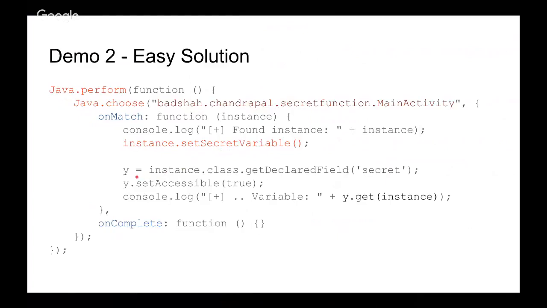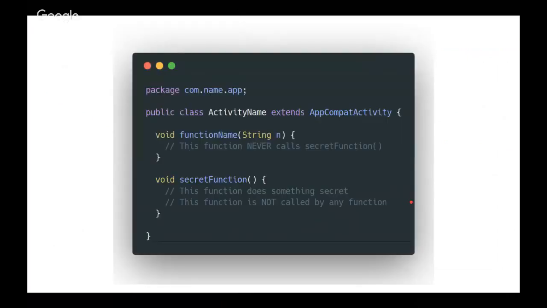Then we say why we use Java reflection. Don't get confused, this is just Java reflection to get the value of secret. This is a private variable, so we use Java reflection to get that, and we just ask what is the output, what is the value inside secret. Now this is what the code looked like.